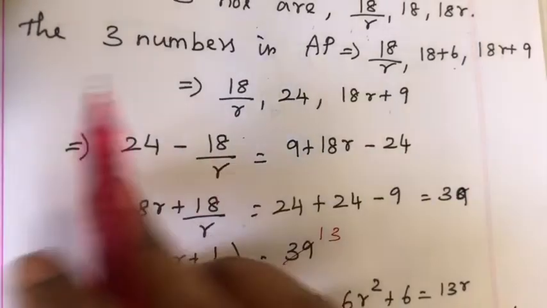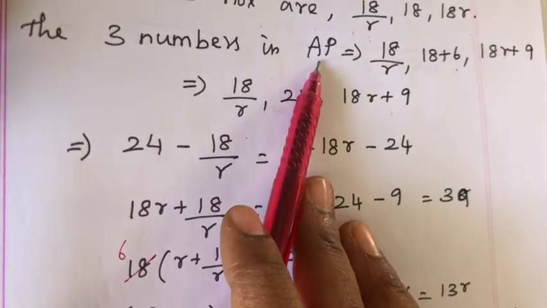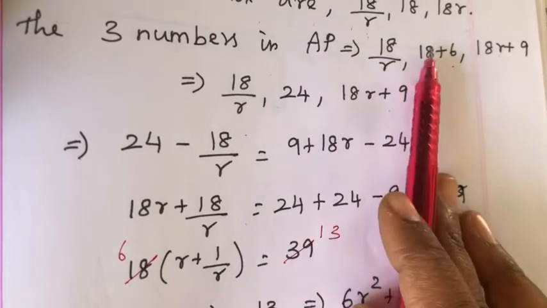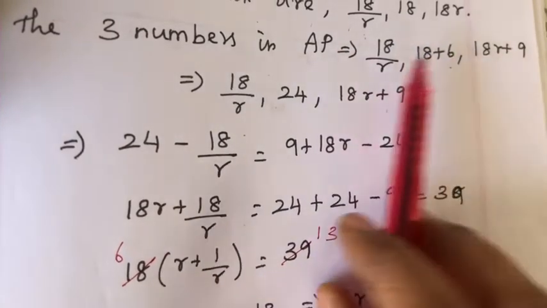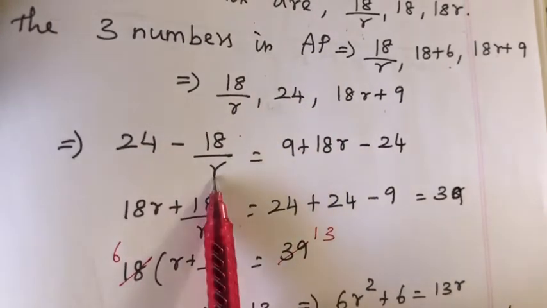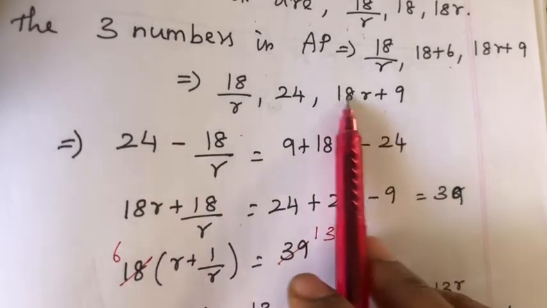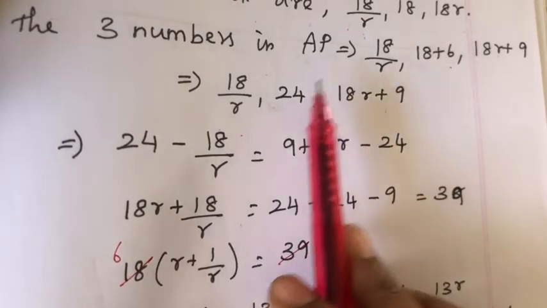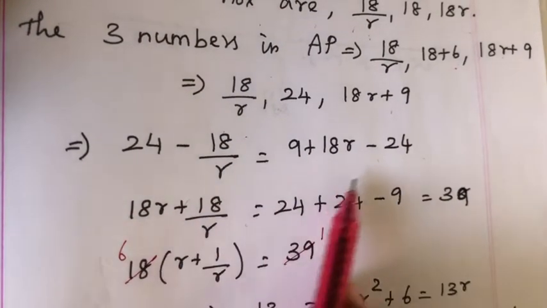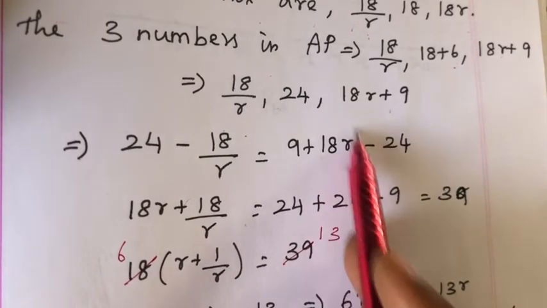The important characteristic of AP is the difference between the two numbers will be equal. The common difference will be there. So, difference between these two, 24 minus 18 by R is always equal to 18R plus 9 minus 24. Okay. So, I will bring the terms that have R together.